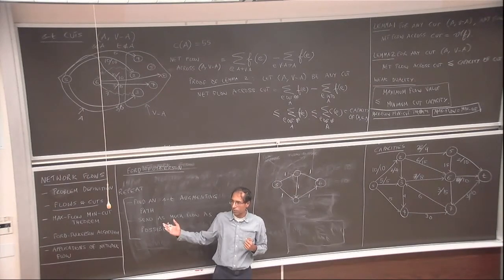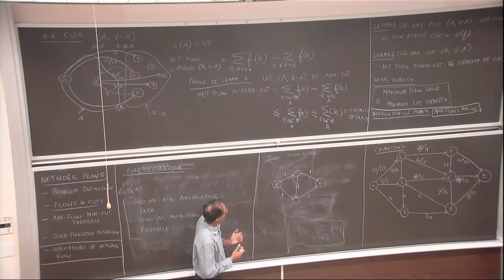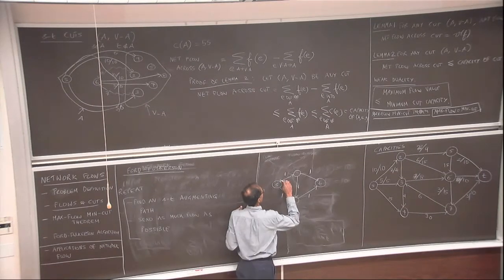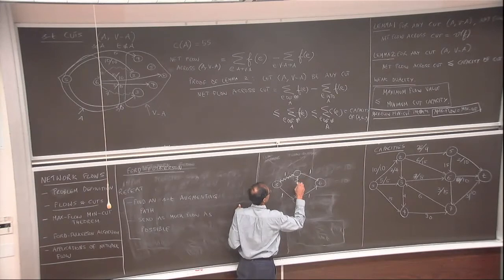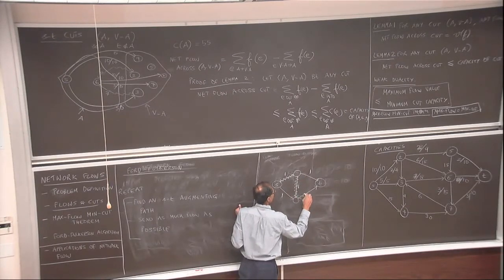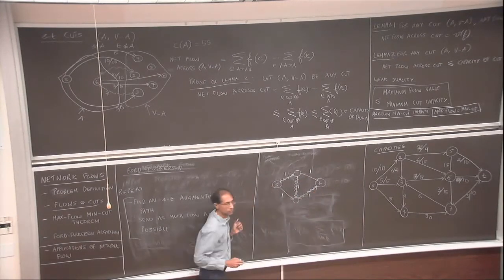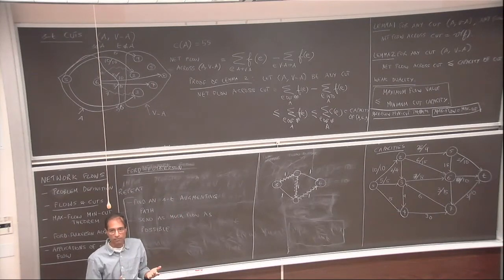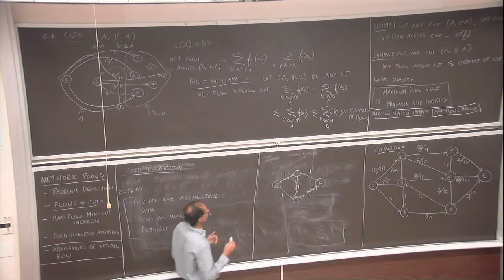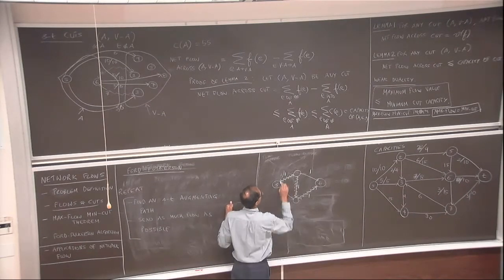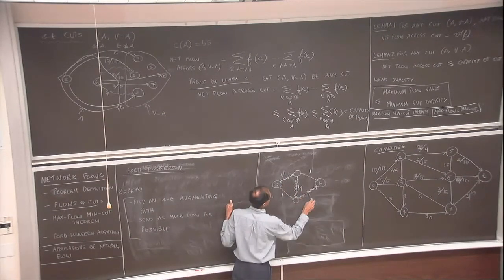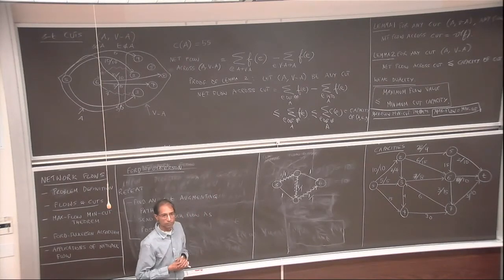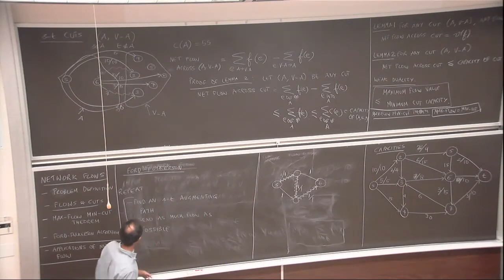So let me apply this algorithm. I said find me a path from S to T. Let's suppose I find this path. How much flow have you sent? 1. So I mark that 1. Then I repeat.